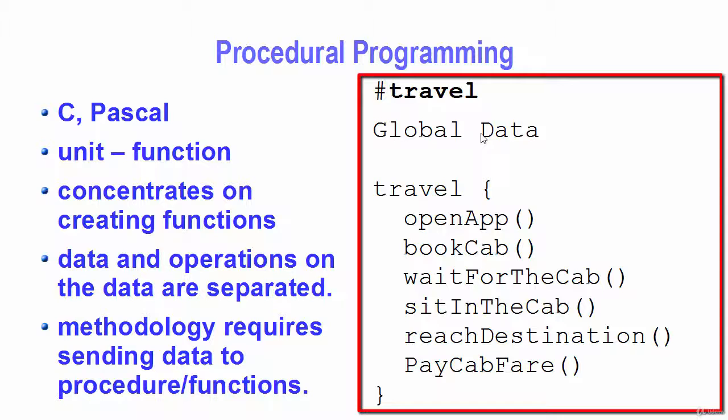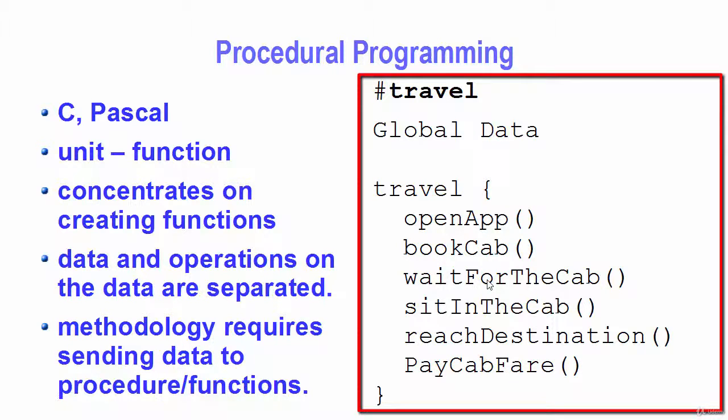Now after storing the data, we design an algorithm. Let's see what kind of algorithm we can develop in a procedural programming language for our cab booking service. This is a pseudocode which I have written. First, the passenger will open the app from which he can book a cab, and then he will book the cab, and once the cab is booked, he will wait for the cab.